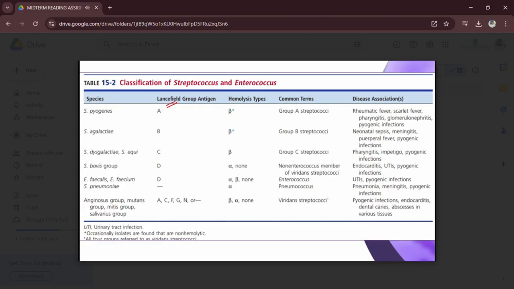This classification scheme was developed back in the 1930s by Rebecca Lancefield. They are also classified by whether they have alpha, beta, or gamma hemolysis. And we also have here the common terms they are known for and the different disease associations.